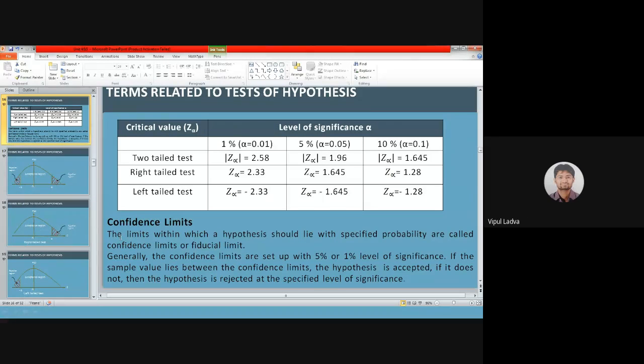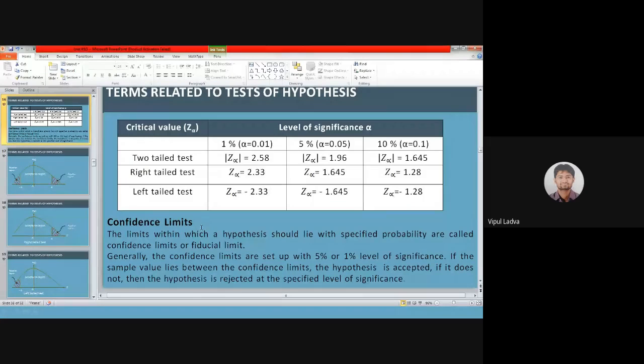Good. So one more time, I had mentioned the confidence interval, confidence limit. Once we have that level of significance and critical value, based on that critical value we can set our confidence interval.